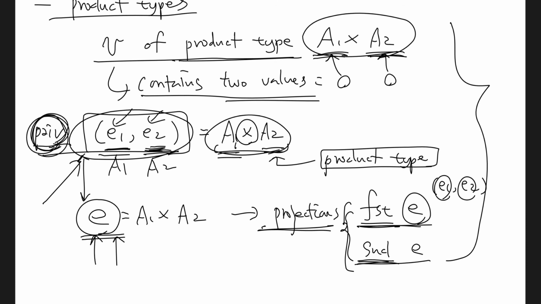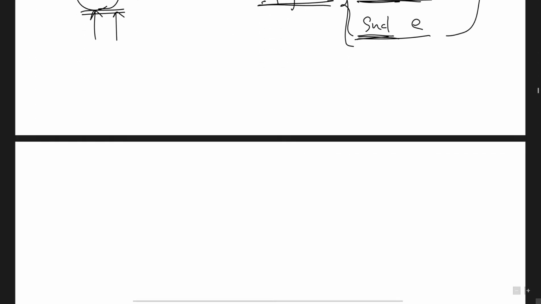Now let's formalize this idea with concrete syntax and typing rules and reduction rules. So, product types. So this is the syntax. First, types. We need to extend the definition of types.